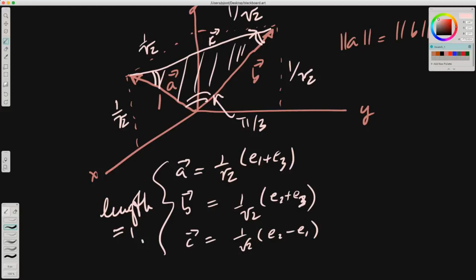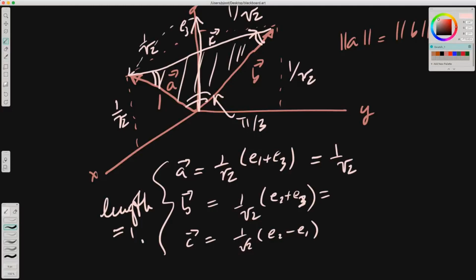Now, we can write these first two easily in exponential form. So when we take A, we start off with E3 and we rotate it down towards E1.